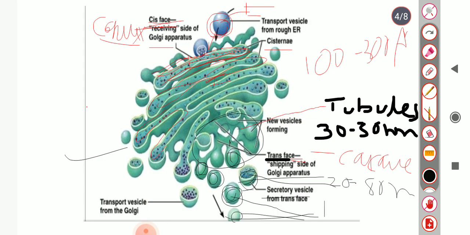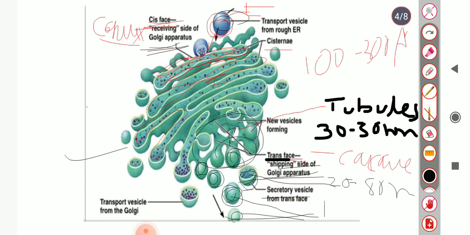These are the structure of the Golgi apparatus. These are the transport vesicles that come from the endoplasmic reticulum to the cis phase, the receiving side of the Golgi apparatus. Cis phase is also called the receiving side of the Golgi apparatus. You can see that these are the structure of tubules, a network formed when the Golgi cis phase cisterna expands to form tubules, and these are the trans phase, also called the shipping side of the Golgi apparatus.